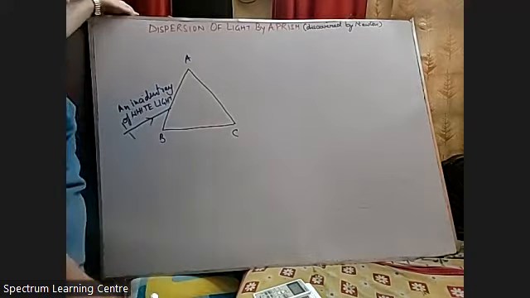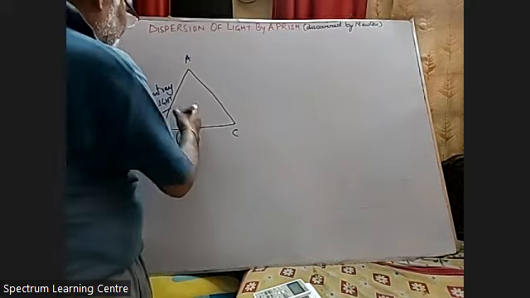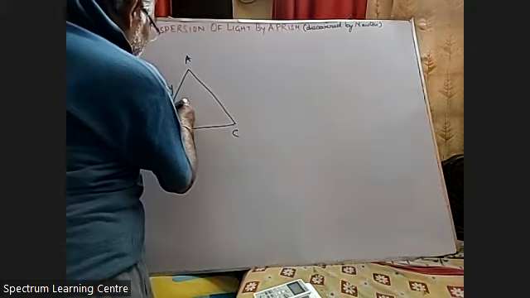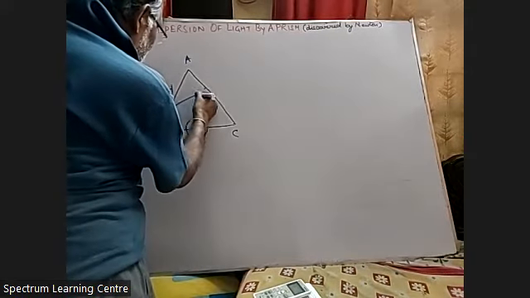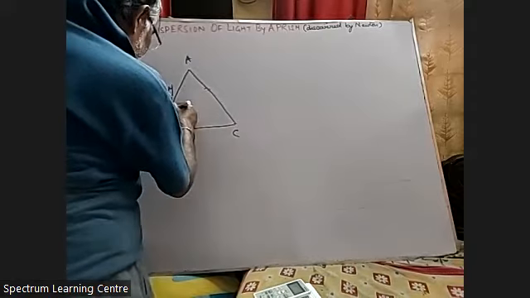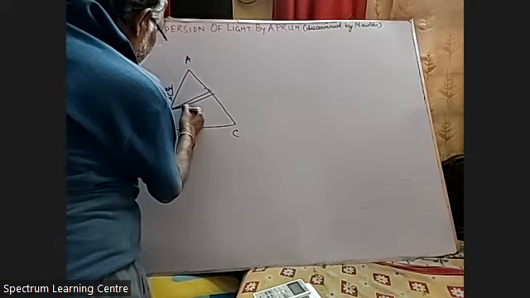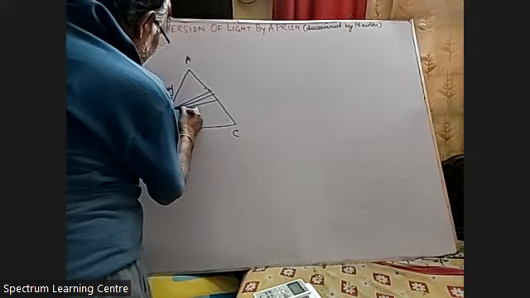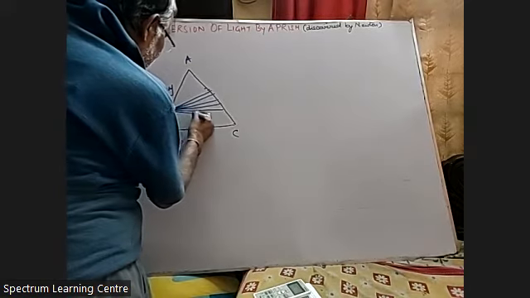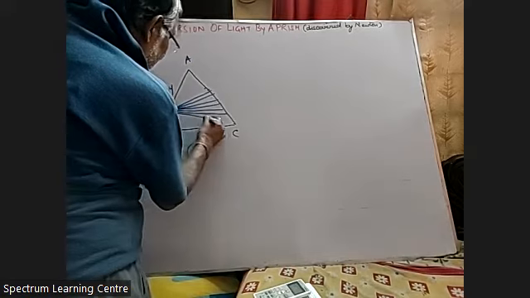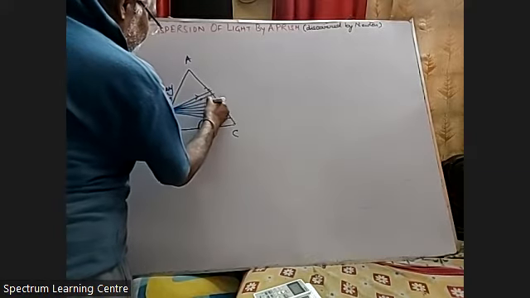He found a very interesting thing, that the prism separates them, splits them into 7 constituent colors.